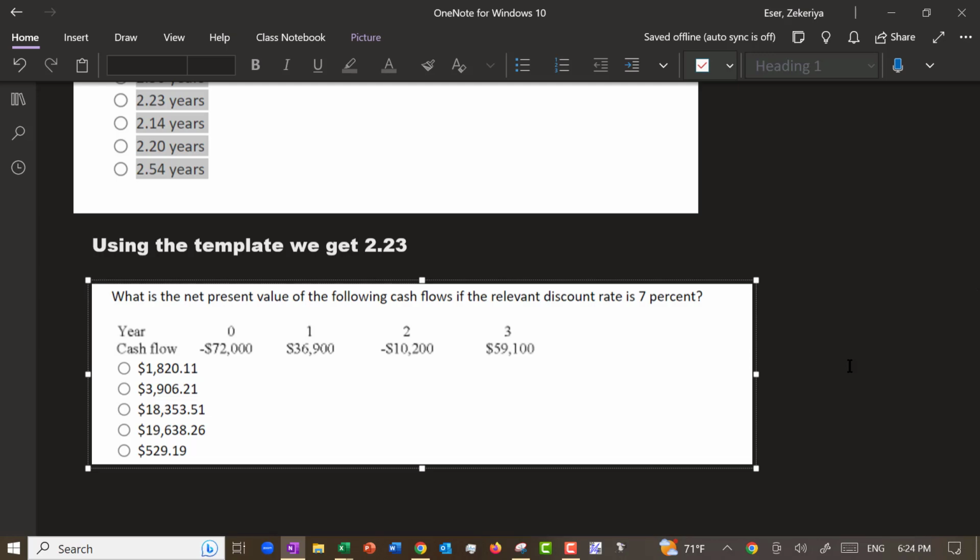So let me see who's going to tell me what the NPV is. Next fall, I think I'm going to have only about 10 people in this class.